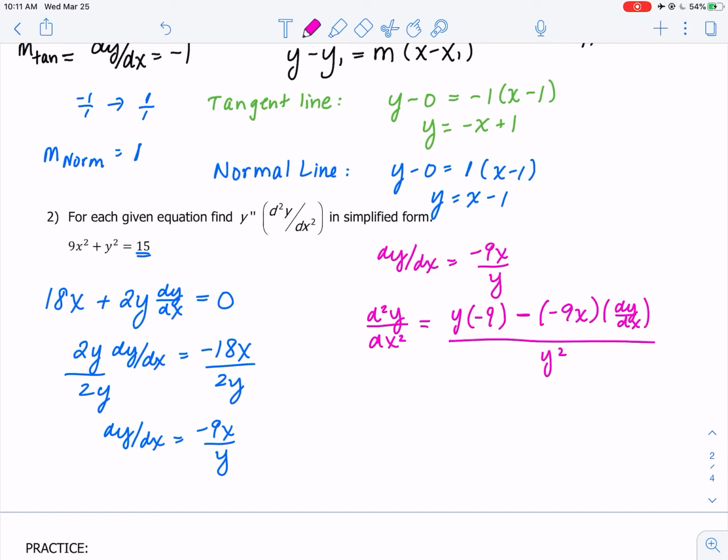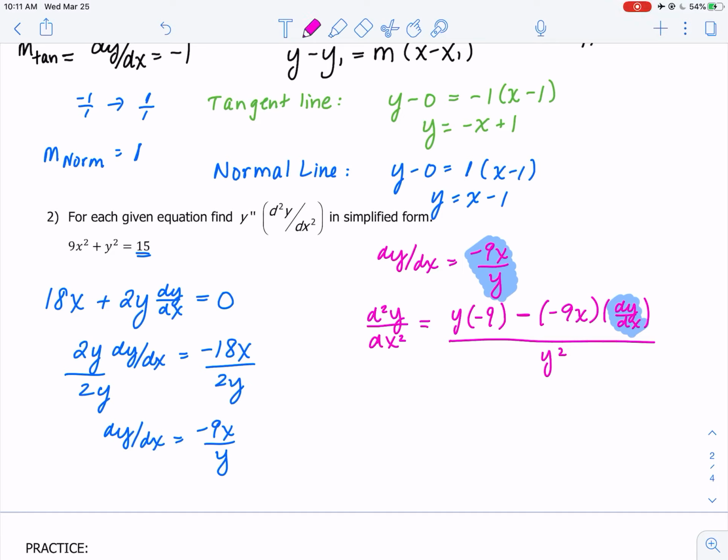Now, derivatives can be written in terms of x's and y's, but we just can't have derivatives inside of the derivatives. So this term here with dy dx, we just need to replace with this right there. We already solved for dy dx in terms of x's and y's.